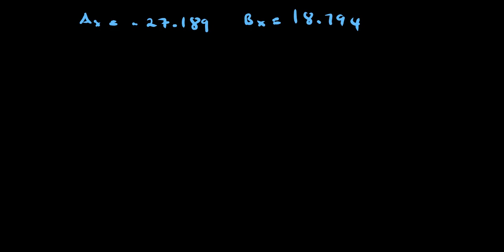Then what is y in the A vector? That is 12.679. Then what is y for B? That is negative 6.840.